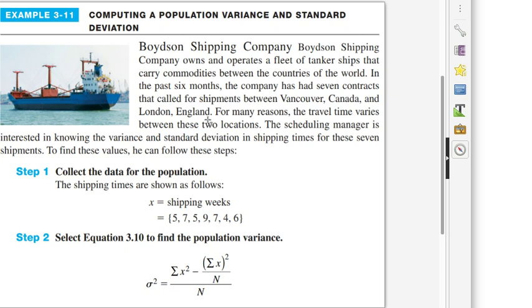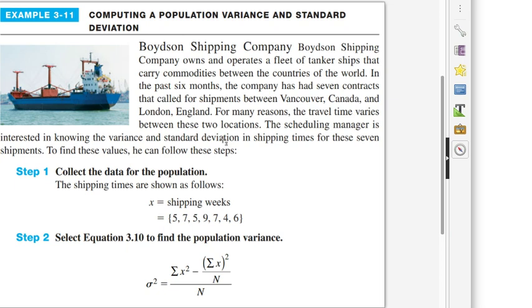For many reasons, the travel time varies between these two locations. The scheduling manager is interested in knowing the variance and standard deviation in shipping times for these 7 shipments. To find these values, he can follow these steps.